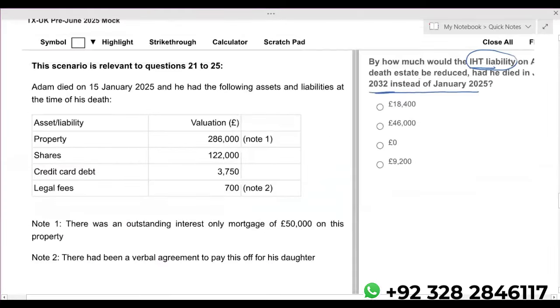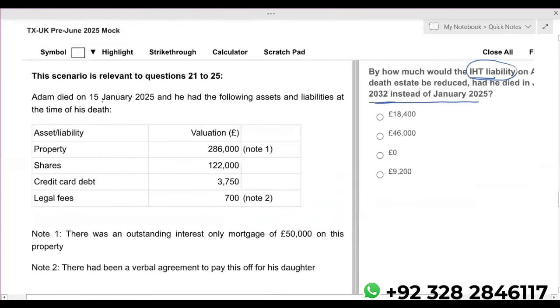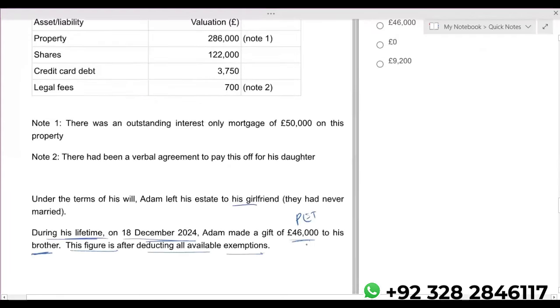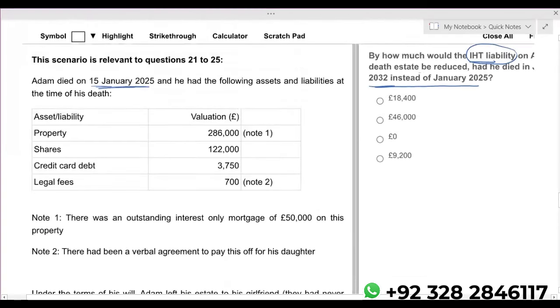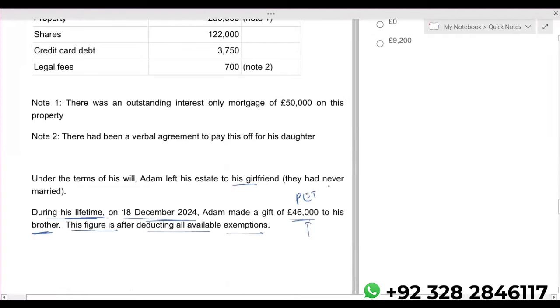So definitely, if Adam died on 15 January 25, logically this 46,000 becomes chargeable.